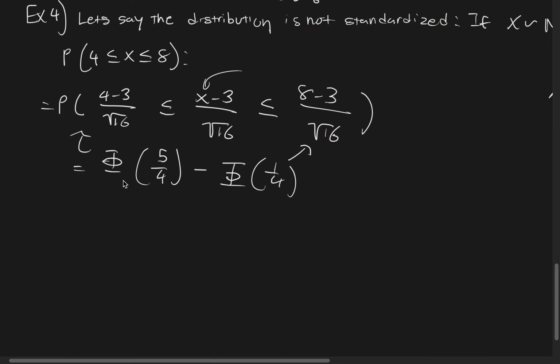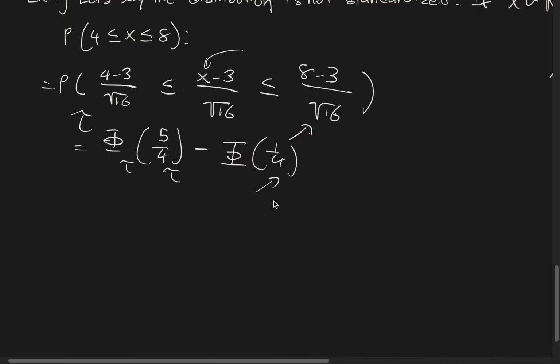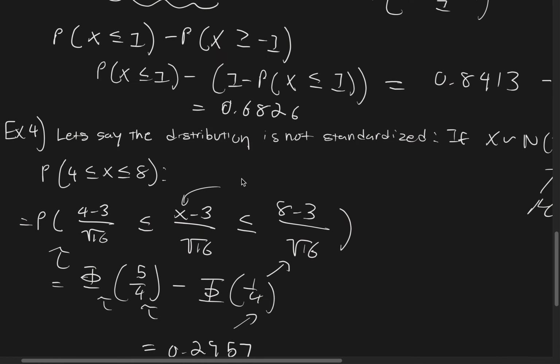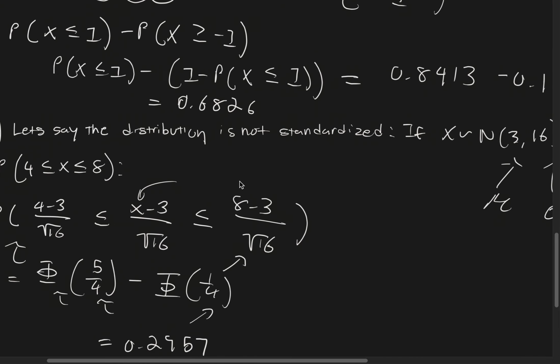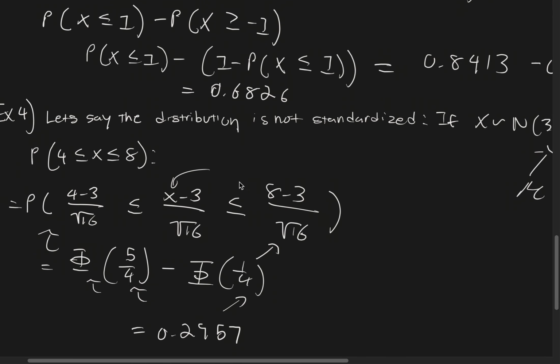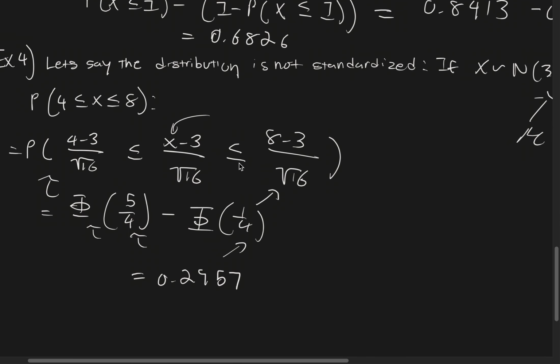And since we standardized it, we can use these 5 over 4 and 1 over 4 within the z table. Using that, we get a final value of 0.2957. So around a 30% chance that a random variable falls within 4 to 8, given that the mean is 3 and the variance is 16. So a relatively low chance.